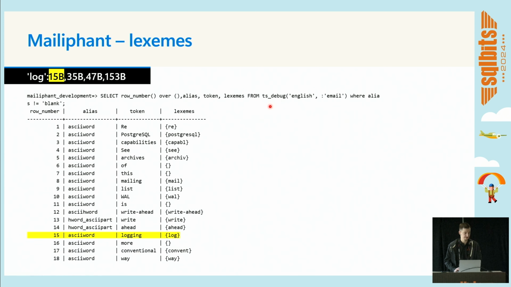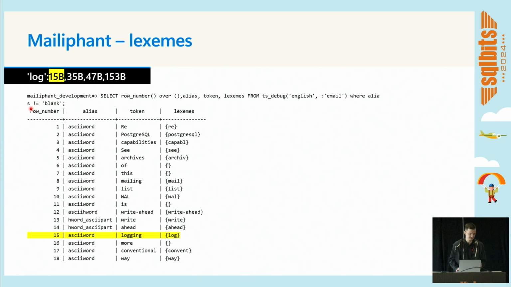PG is nice and transparent with everything. It's developed by engineers in open source, so you get all the guts exposed to you. So you can call this ts_debug command, providing it the email data. I just trimmed it down to not make this slide even less readable.